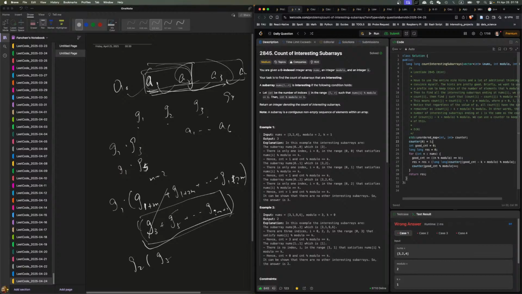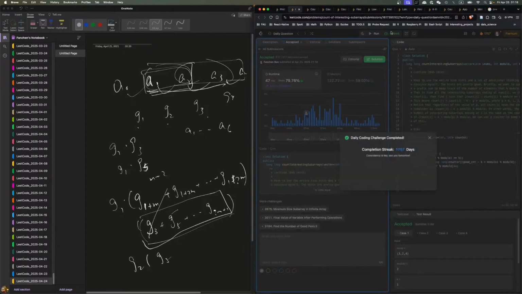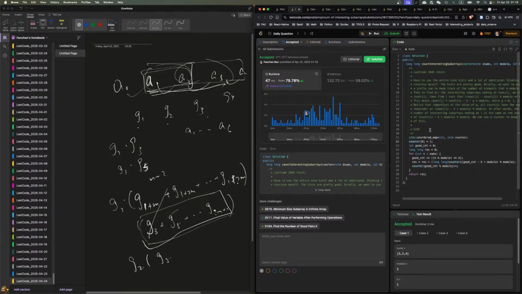Because that's a counter as a frequency, this just basically means when you have 0, good count is 0. Yeah, we need that.